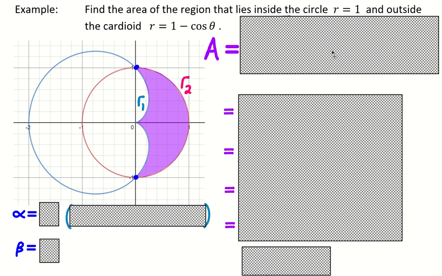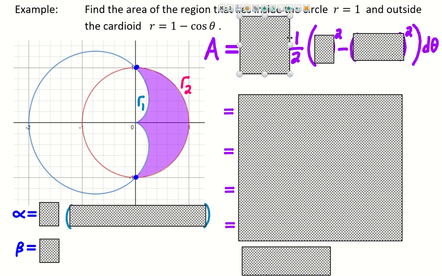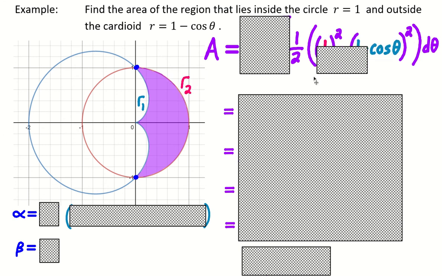This one is absolutely just the outer function squared minus the inner function squared. But finding this piece right here is a little more interesting, because what would be the outer function and what would be the inner function? That's an interesting question.